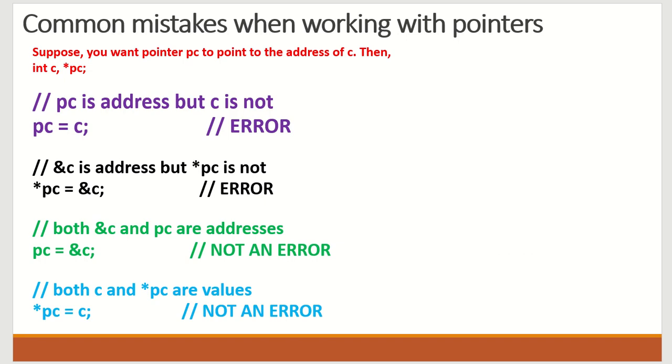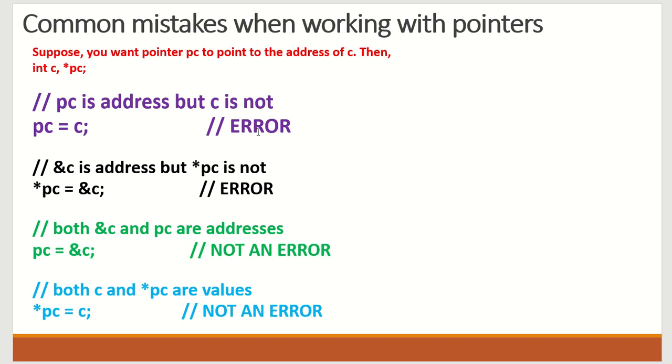And these are some of the common mistakes when working with pointers. Suppose you want pointer pc to point to the address of c, with int c as the normal variable and *pc as the pointer variable. So pc equal to c: pc is an address but c is not.